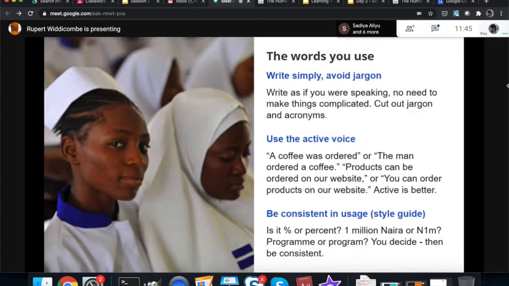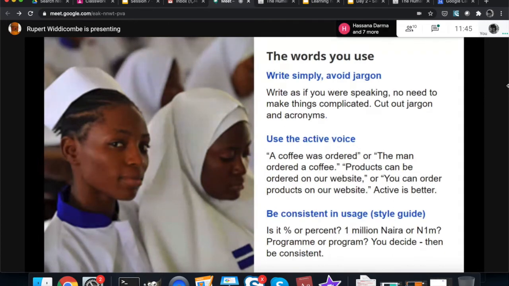Now let's talk about the actual words you use. It's very easy when we're writing to adopt a voice of authority, or to try and use sophisticated language or complicated language. On websites, it's better if you write simply. I would say it's actually better generally if you can write simply.